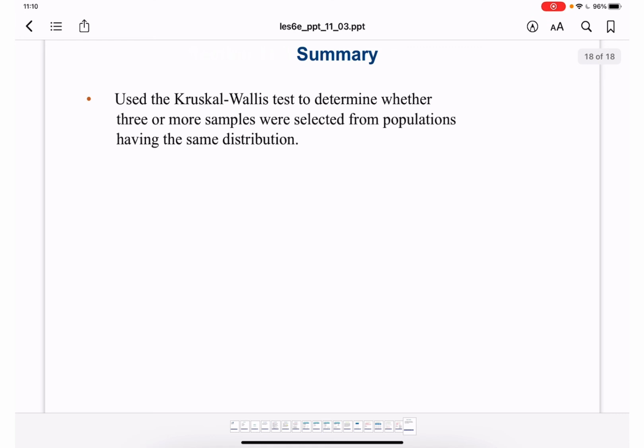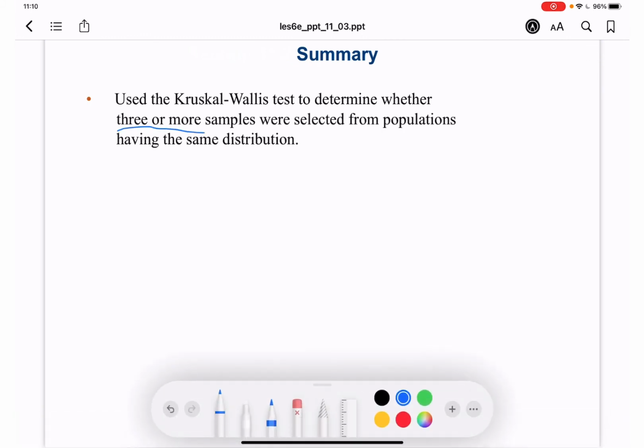And that's all. So we use the Kruskal-Wallis test to determine whether 3 or more samples were taken from populations having the same distribution, not normal, because if it were normal, we would use one-way ANOVA. And I'm done.